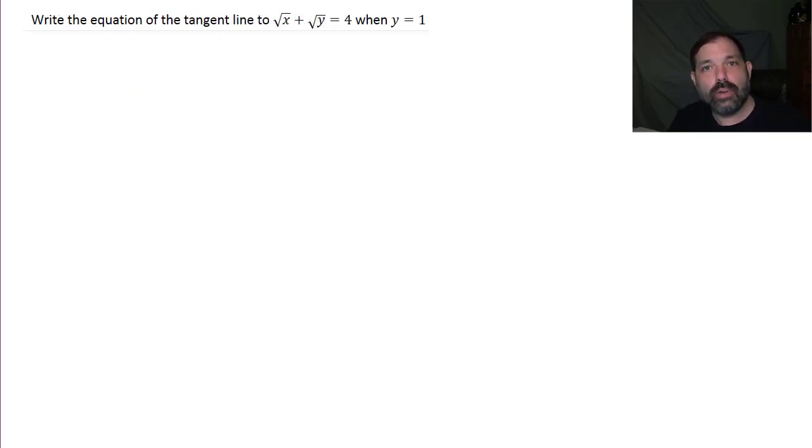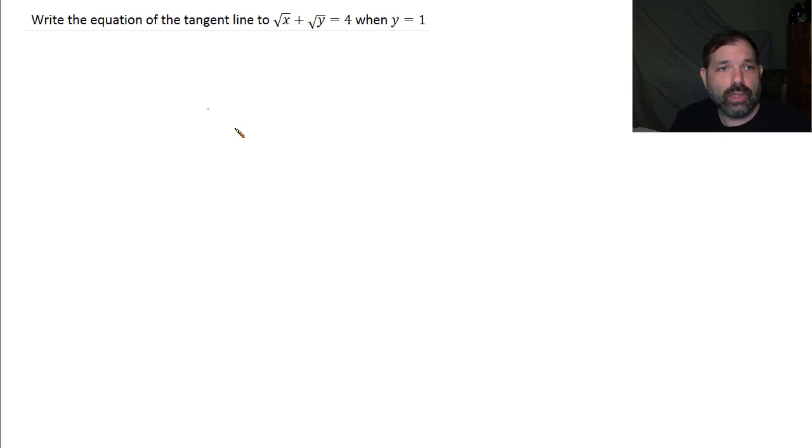So here's another example. Write the equation of the tangent line to square root x plus square root y equals 4 when y equals 1. Why don't you try this on your own? All right, so again we have a relation, and I could, again, solve this equation for y to get this in an explicit form.